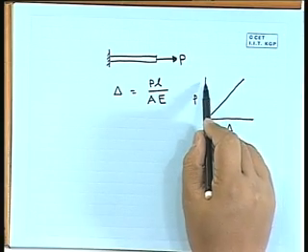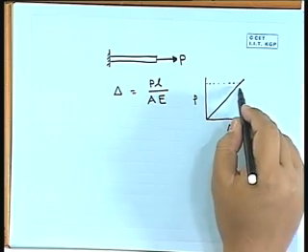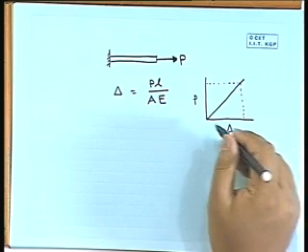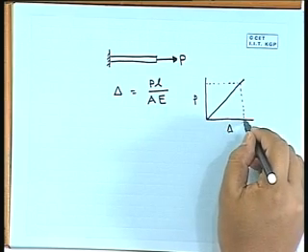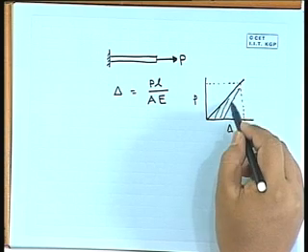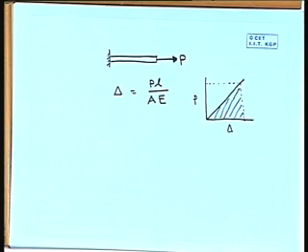And for any load, if you start applying load from 0, gradually increase, go up to a load P, the elongation will increase from 0 to delta, and the area under this load deflection curve we have found is basically the work carried out by the force P.